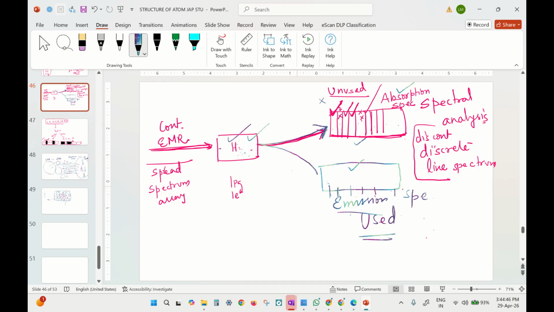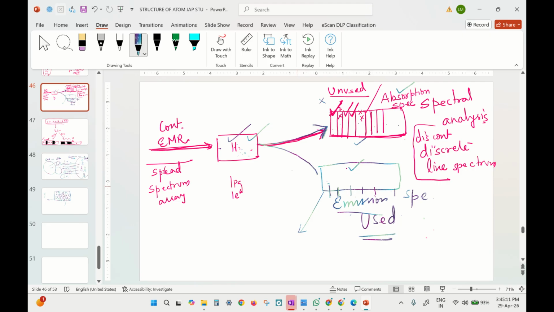Now various scientists found this emission spectrum and absorption spectrum very curious. They were very interested in why only these are used up, why these are coming out so fast, why this is coming out late, and why this is used and that is unused. So many scientists started probing.